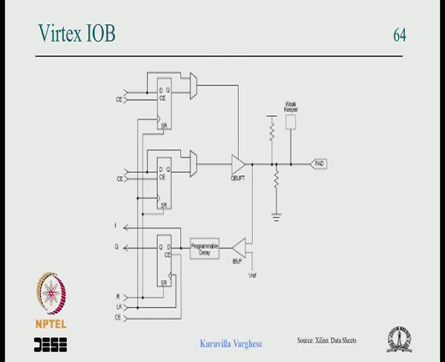It supports various voltages, maybe 3.3, 2.5, the PCI standard, where different things can vary, and the slew rate can be programmed, the rate of change of output. You can program a pull up resistor or a pull down resistor.